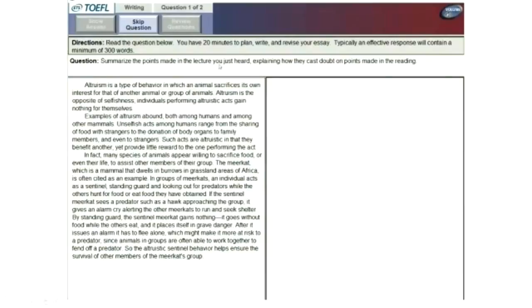Summarize the points made in the lecture you just heard, explaining how they cast doubt on points made in the reading. So what does cast doubt mean? It means explain how the points in the lecture contradict or say something opposite to or disprove the points in the reading passage.